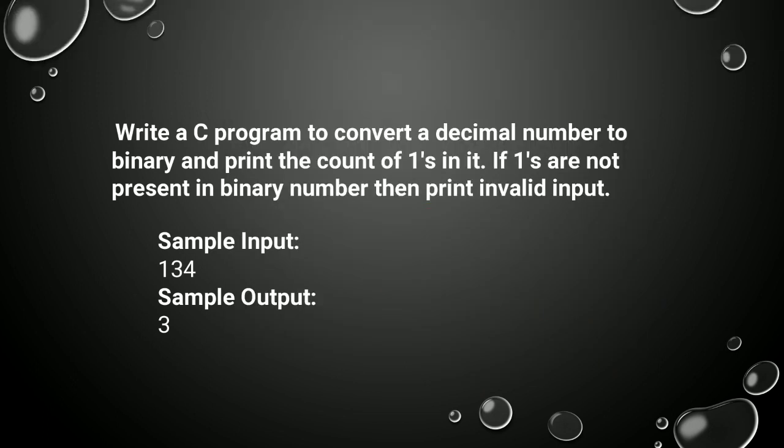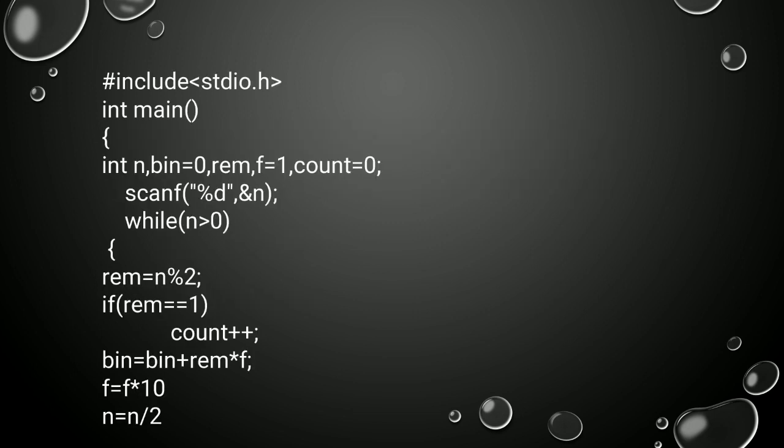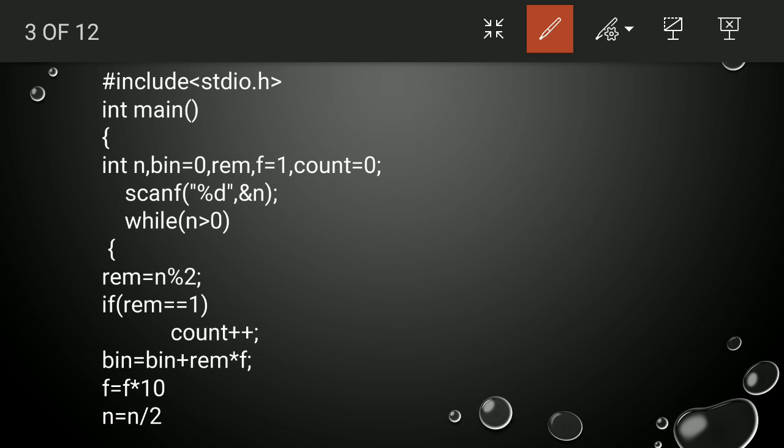Now we will go with the solution, how we can proceed with this question. First we include all the header files, then our execution starts with main. We declare an integer n, which is for the decimal number. Then bin is equal to 0.